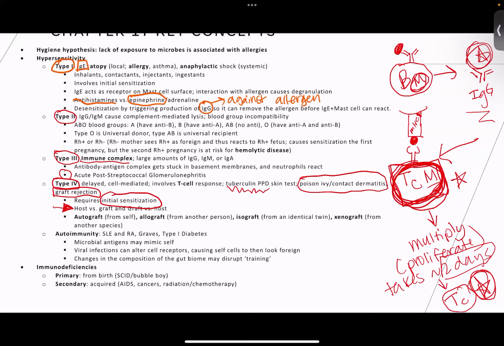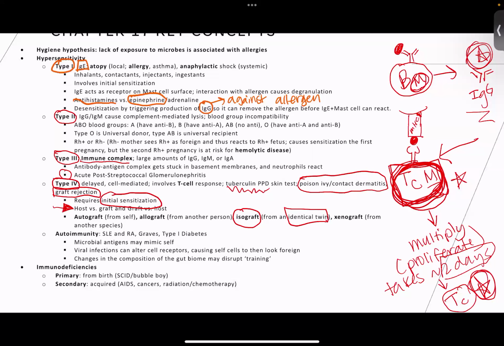We can take skin from another part of your body and then put it onto yourself. That's an autograft. An allograft is from genetically non-identical people. So this is different than the isograft. This is why I'm making this distinction here. An isograft is from an identical twin.